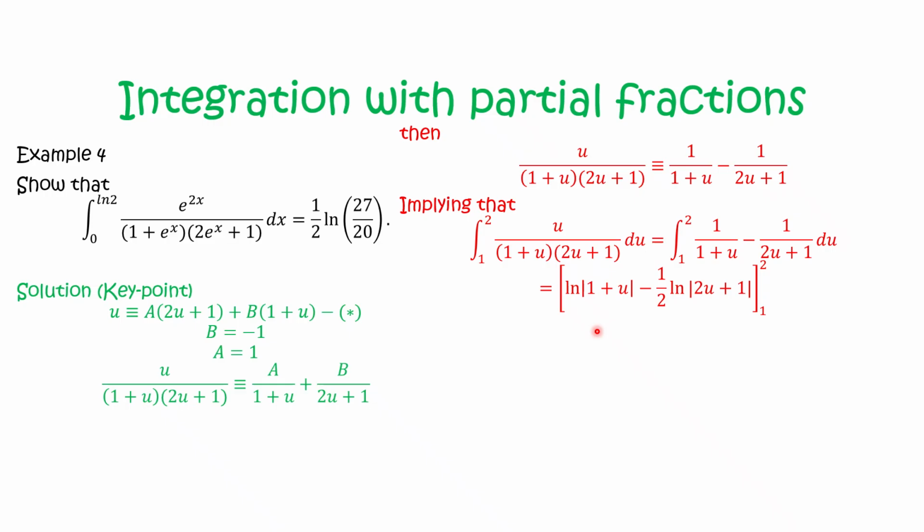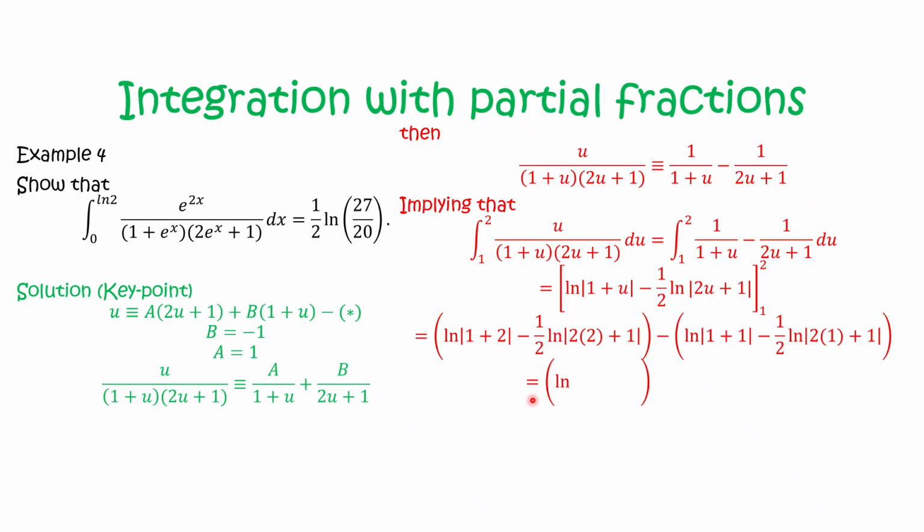And with that, recall from the videos that covered integration with natural logarithms, we are going to have the natural log of the modulus of (1 plus u) minus 1 over 2 times the natural log of the modulus of (2u plus 1), and this being evaluated from 1 to 2. Now we substitute the upper limit and the lower limit and subtract the two. That is what we would have.